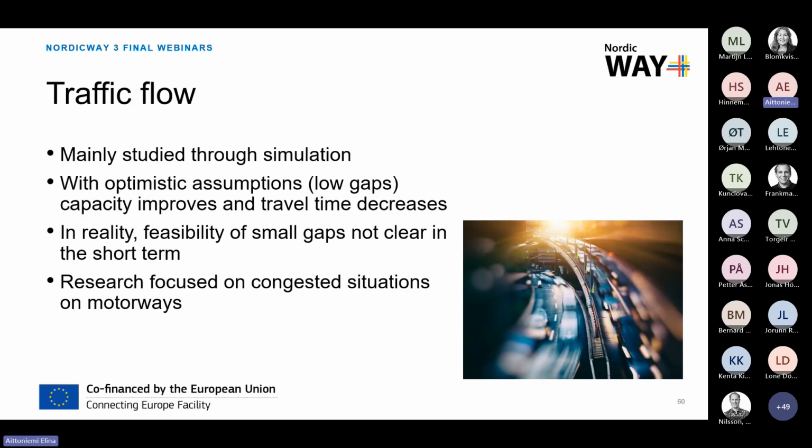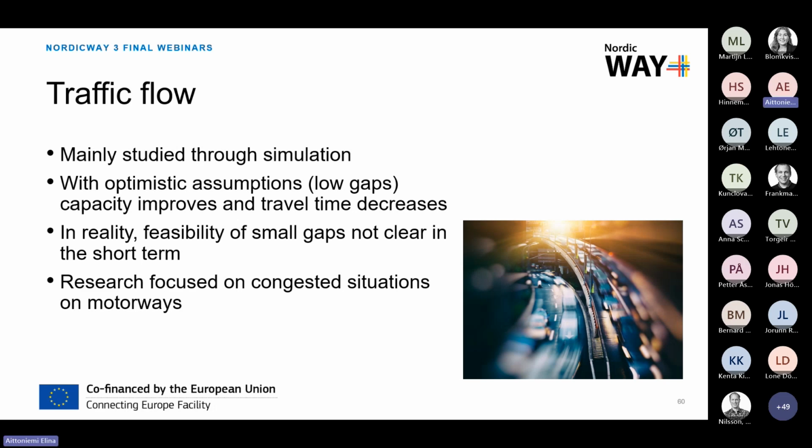Then regarding traffic flow, it has mainly been studied through simulation because there are not enough automated vehicles on the roads, and the studies often use quite optimistic assumptions on the capabilities of the automated vehicles, for example, using very low time gaps. With low time gaps, the road capacity improves in the simulations and travel time decreases.